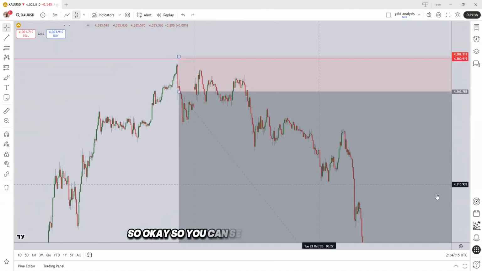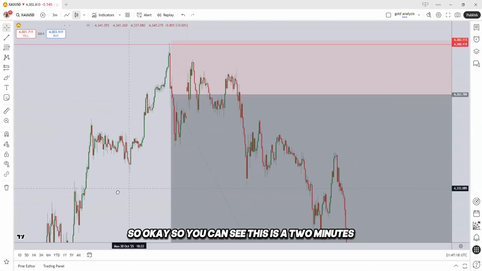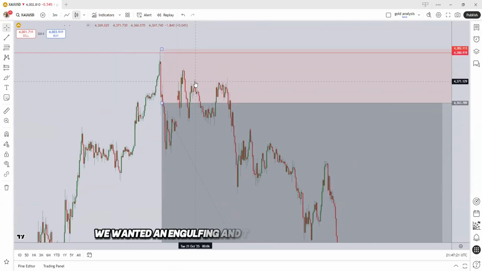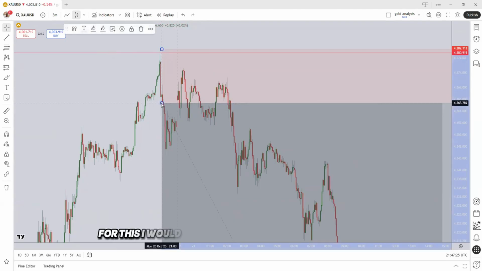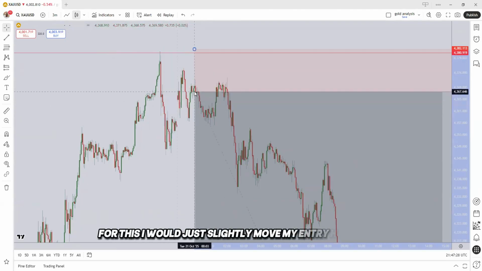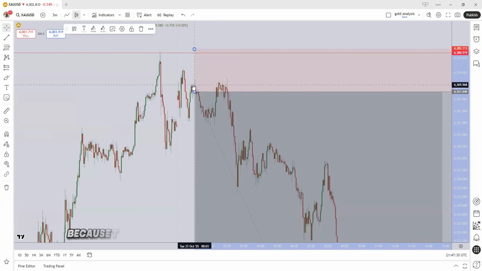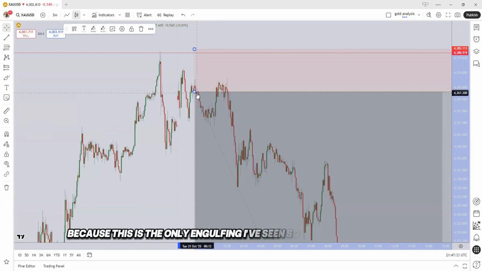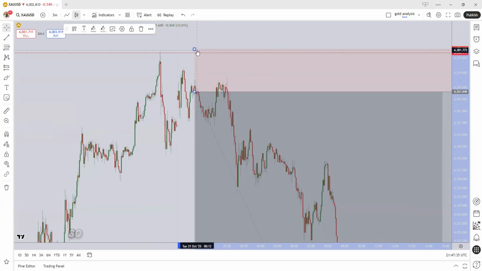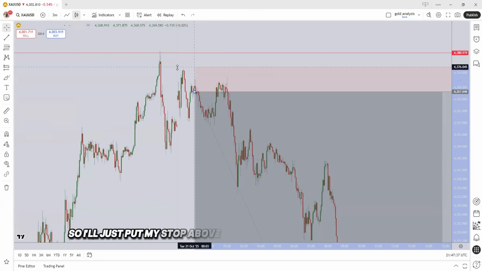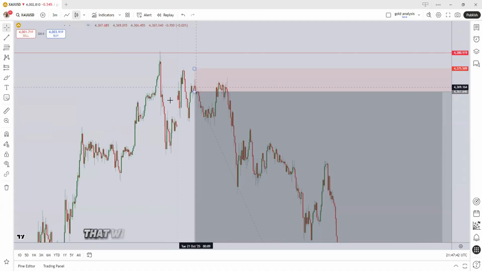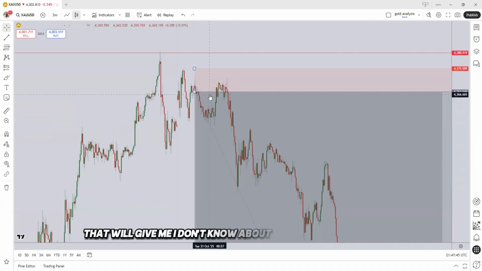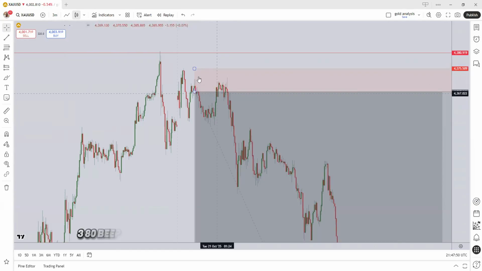So you can see on the 2 minutes, we wanted an engulfing, and then we got an engulfing. For this, I would slightly move my entry here, because this is the only engulfing I've seen so far for today. So I'll put my stop above here. That will give me about 380 pips, right?